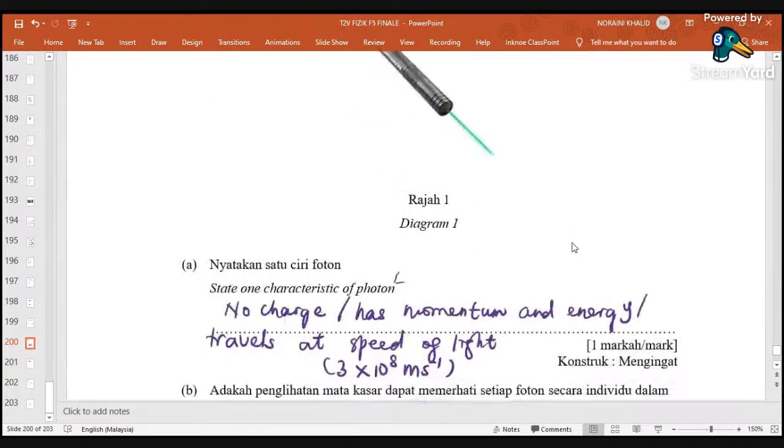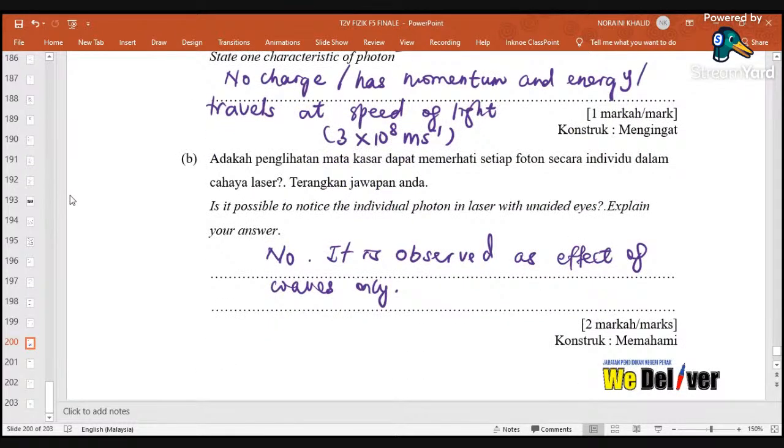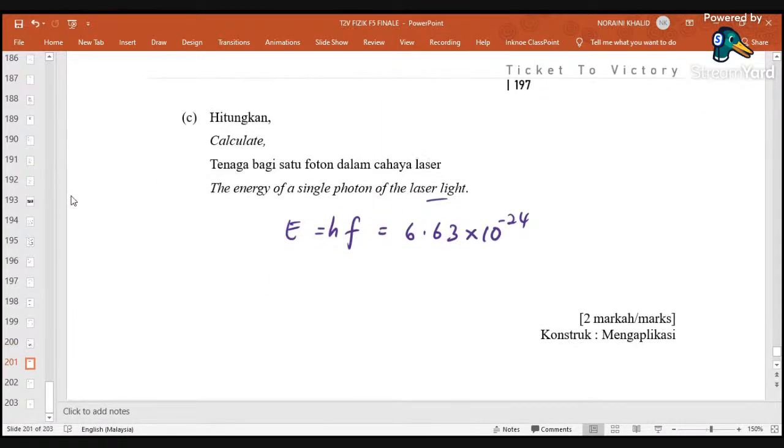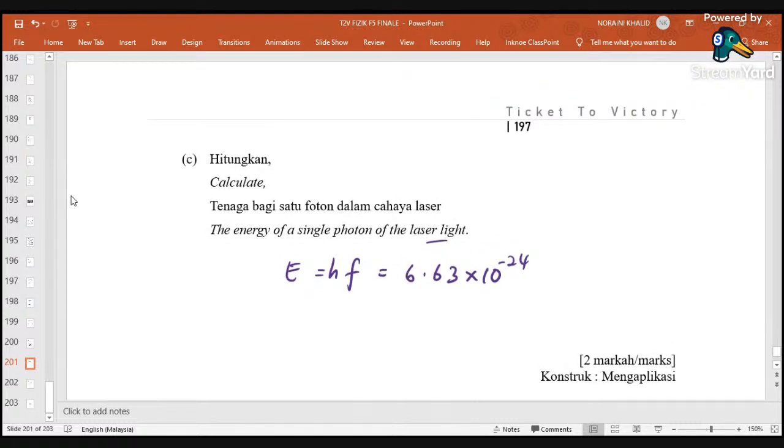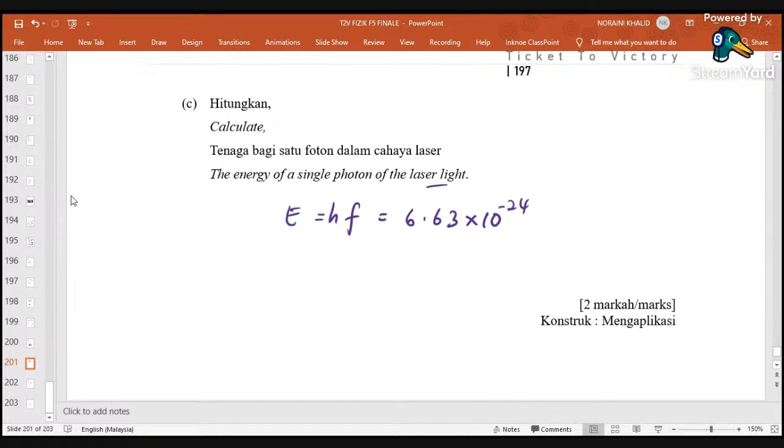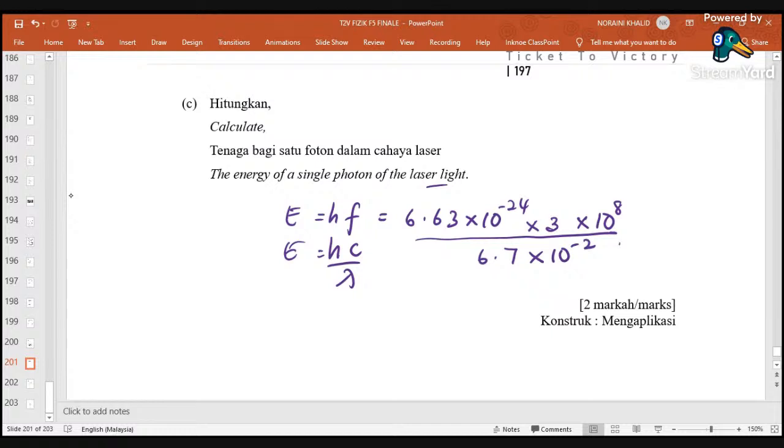One milliwatt, 600. We use this formula, c equals 3 times 10 to the power of 8. So we get the value 2.97.